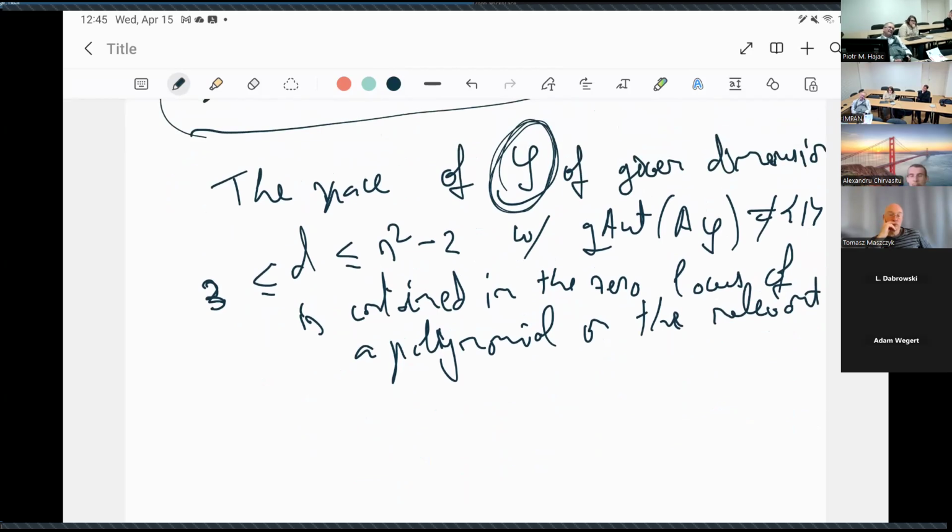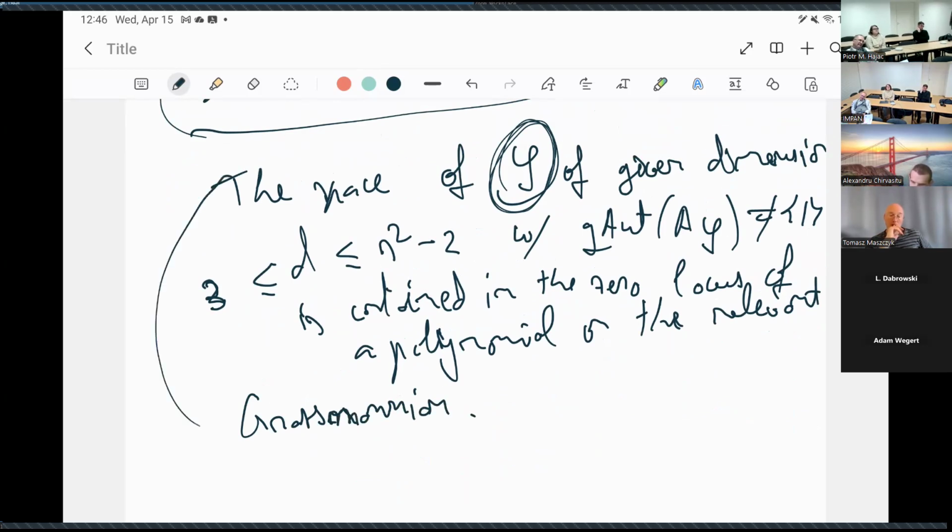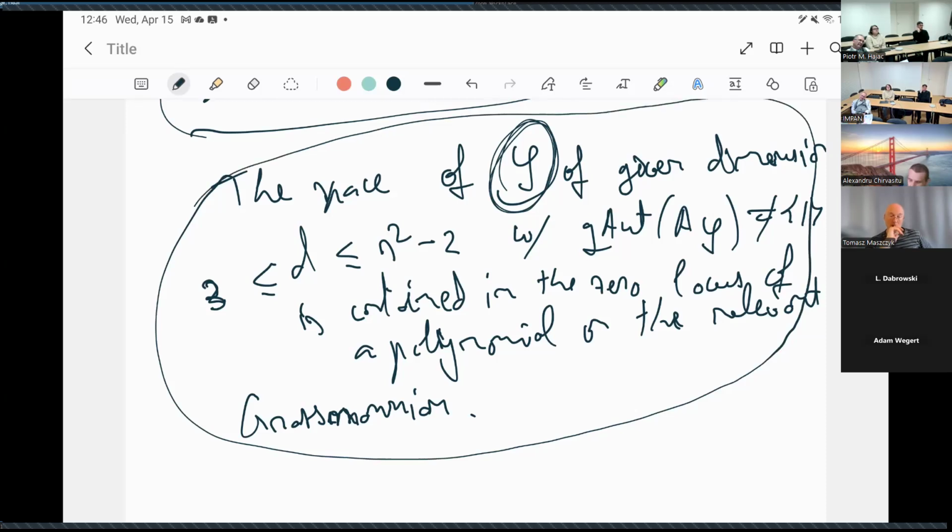You cut out some polynomial zero loci, and what's left is the good set that has no quantum symmetries. That's the second theorem I wanted to state, and I'm a minute over time. We are done.